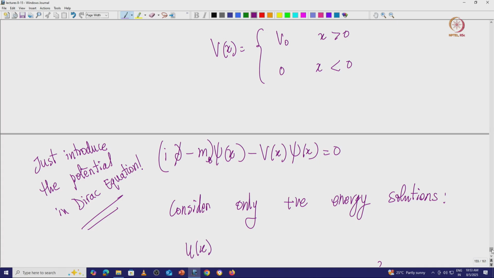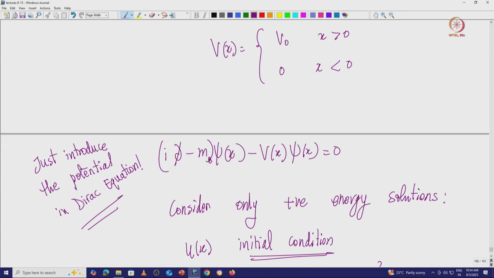You can only choose the initial condition such that you start with only a positive energy solution, but while propagating and transmitting, the moment the interaction happens, the interaction couples both the positive and negative energy solutions, and if the potential is strong enough, this will create problems in the reflection and transmission coefficients.